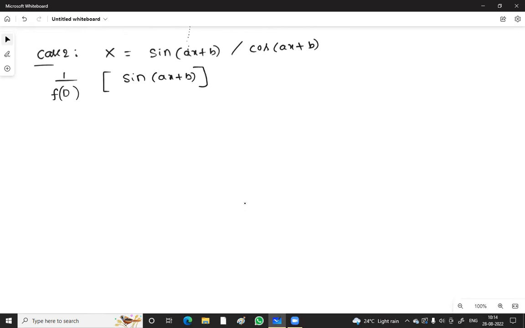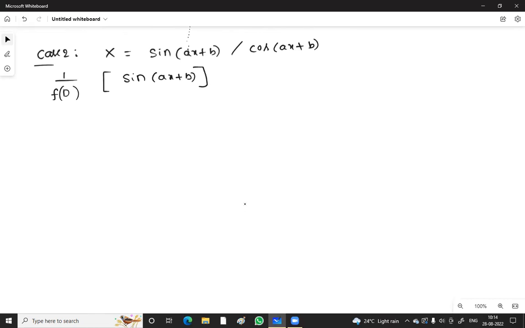If the input is sin(ax plus b) or cos(ax plus b), a sinusoidal function, then you cannot operate 1 over f of D directly on these functions. Let us say I am taking only sin(ax plus b), but the same thing is applicable for cos(ax plus b) also.